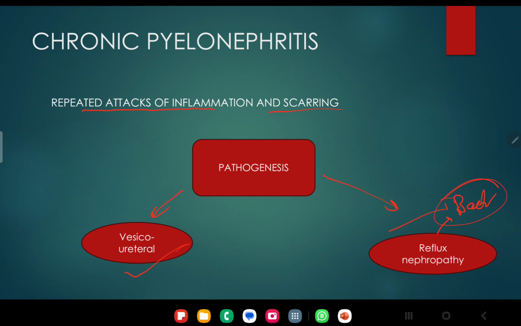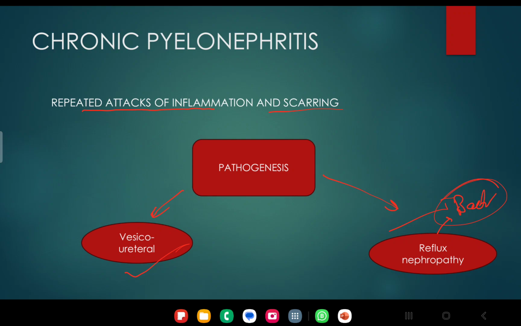The backflow of urine from the urinary bladder into the ureter is the major cause of chronic pyelonephritis. It is basically found in children, in girls. Why is it found in children and girls? Due to congenital anomalies, or maybe due to absence of the intravesical portion of the ureter.